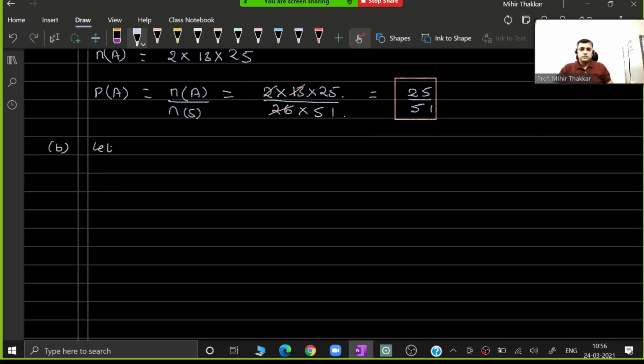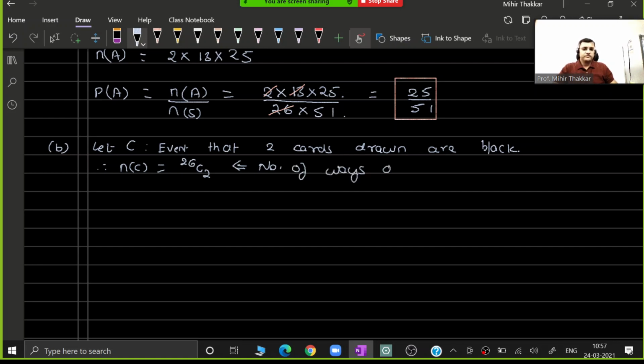We will consider, let capital C denote the event that two cards drawn are black, therefore n of C, as you all know, is 26C2, because this is the number of ways of drawing two cards out of 26.